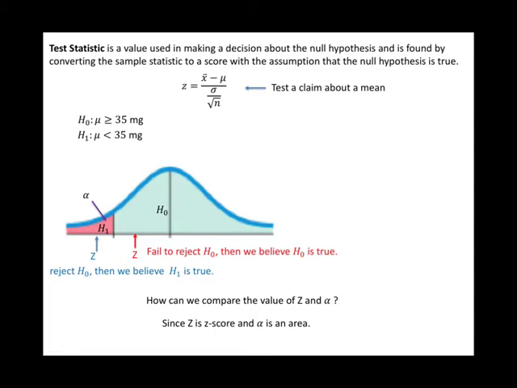The first one is the p-value method. The p-value definition: the probability of getting a sample more extreme than the ones observed in your data, assuming H0 is true. So the p-value is a probability, and probability means area. The p-value is talking about the area of getting a sample more extreme than the one observed in your data.